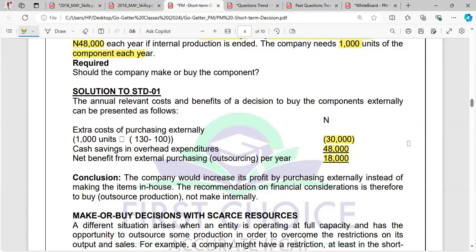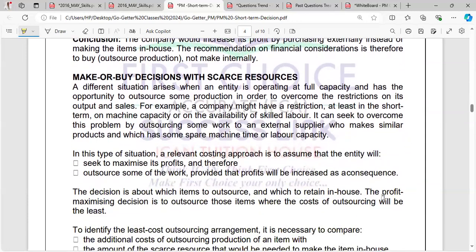So that's one part. Now, this is a second way to look at make or buy. Now, in this first instance we did, there was no restrictions, no scarce resource. But now, in this one, we are talking about make or buy decisions with scarce resources. Now, this is like limiting factor.